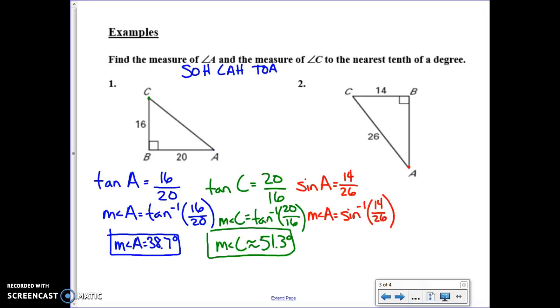It changes to inverse when it changes sides. When we peel that sine away and move it to the other side, it's the inverse sine. Again, we're going to talk about how that really works in class. So the measure of angle A is approximately equal to 32.6 degrees.